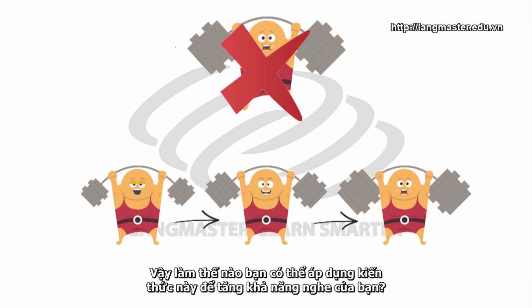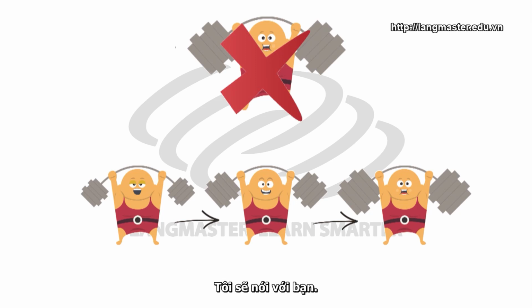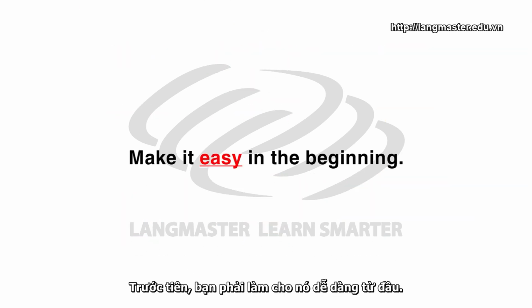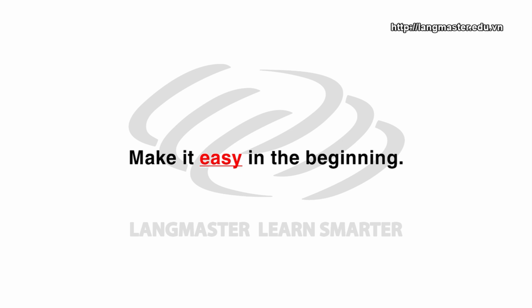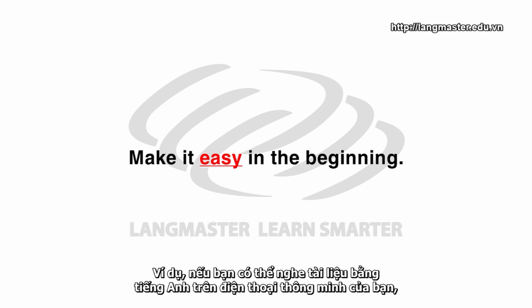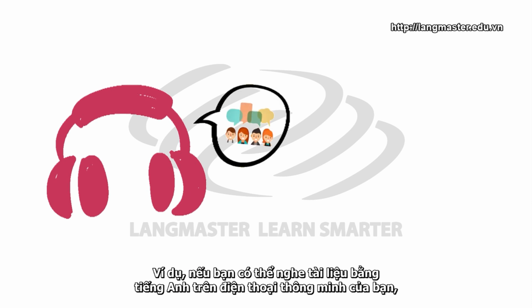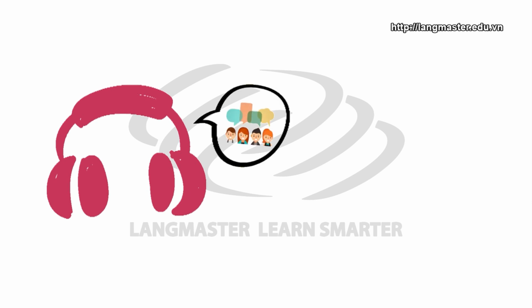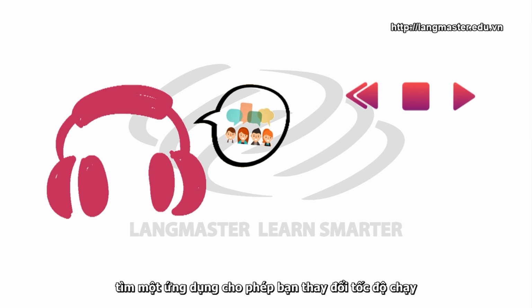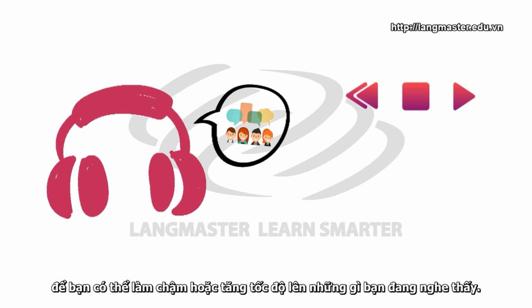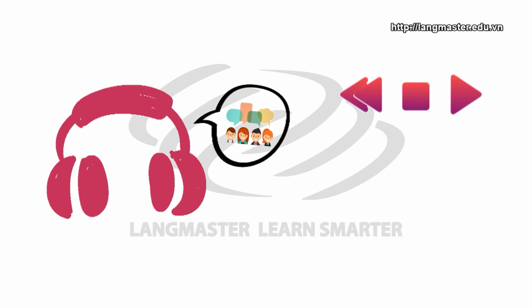So, how can you apply this knowledge to improve your listening? I will tell you. Firstly, you have to make it easy in the beginning. For example, if you listen to podcasts in English on your smartphone, find an app that lets you change playback speed so that you can slow down or speed up what you're actually listening to.